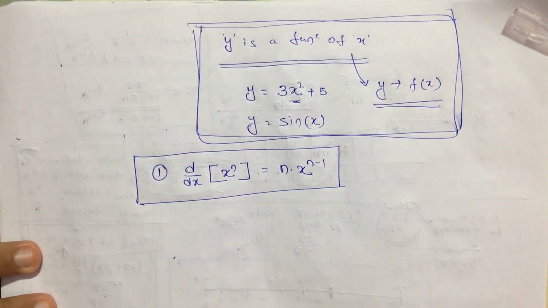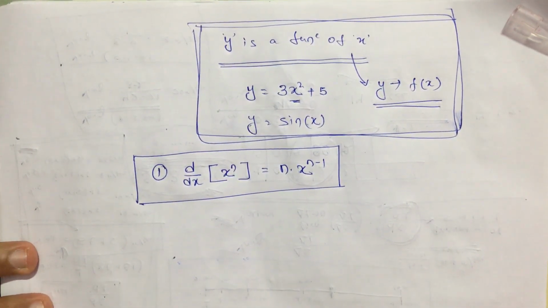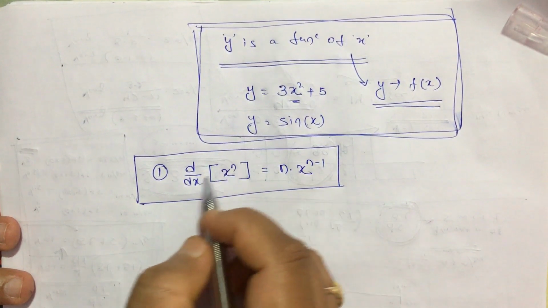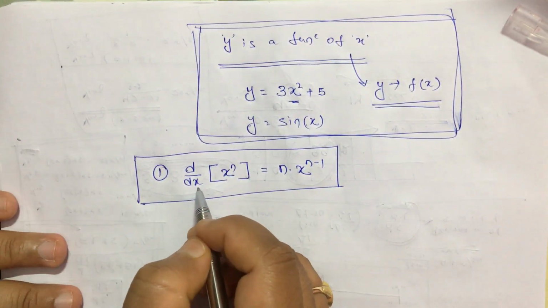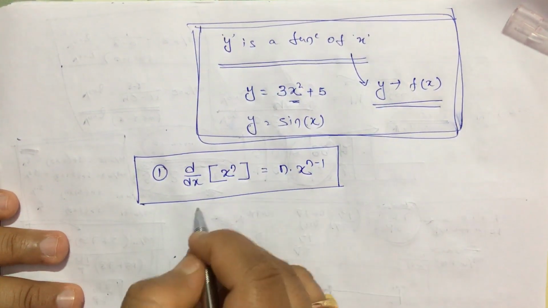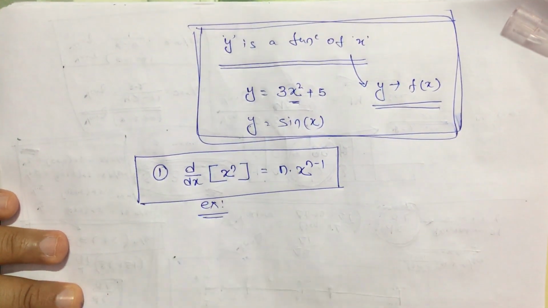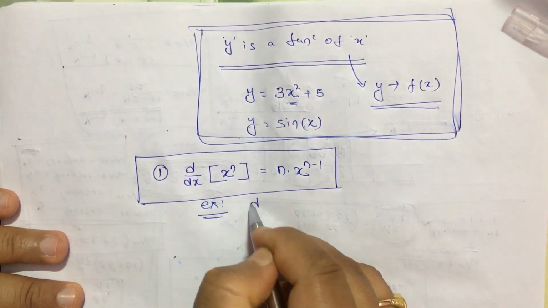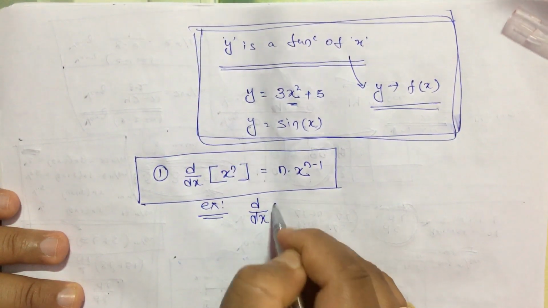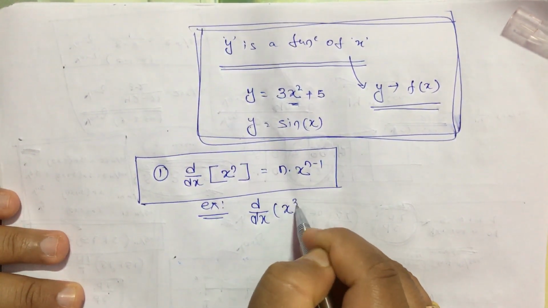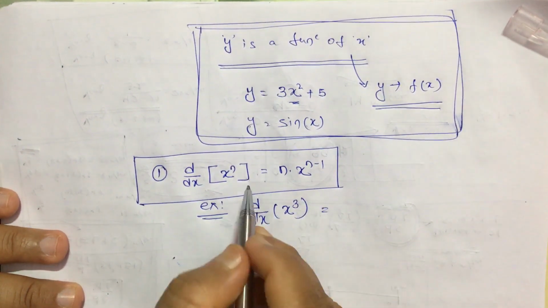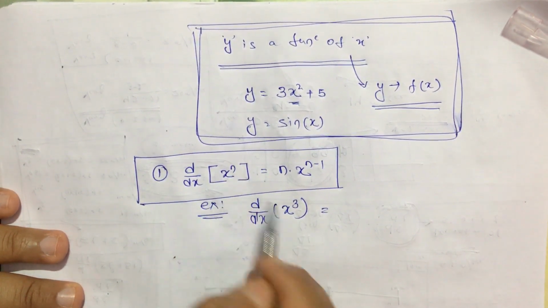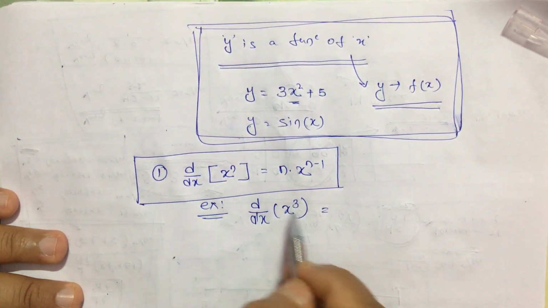For now, you have to just remember that if some x to the power n is given and you have to find the derivative with respect to x, then use this formula. We will understand it with an example. Let it be given d by dx of x cube, x to the power 3. Then what is the n value here? X to the power n, here x to the power 3, so n is 3.